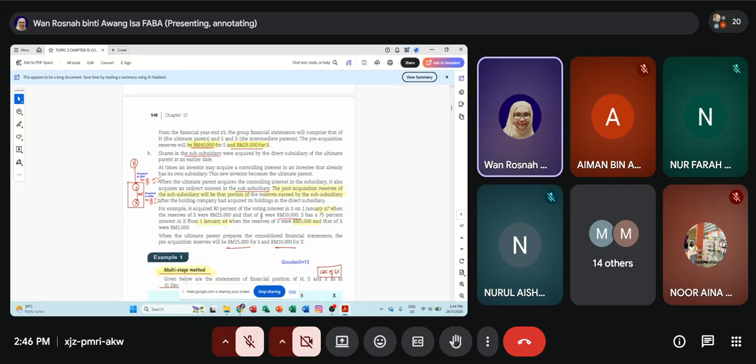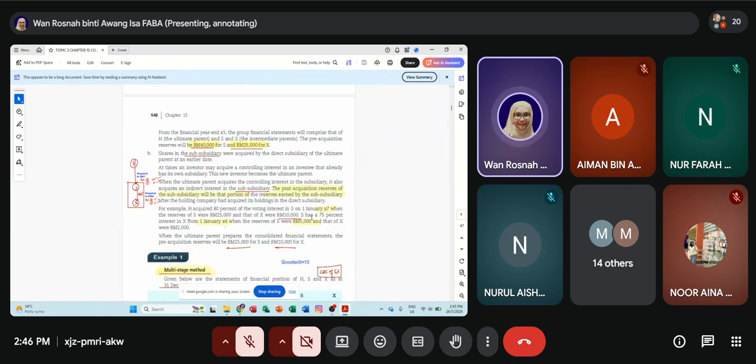Of that, X were 10,000. That means when H acquires voting shares in the subsidiary, the subsidiary already has a subsidiary X, and their reserves are 25 and 10.